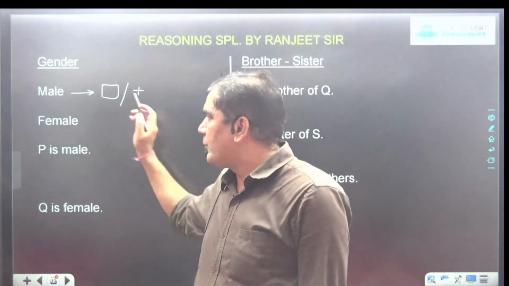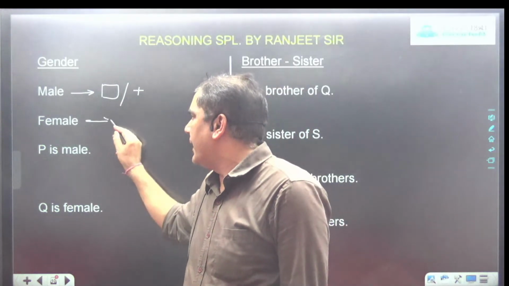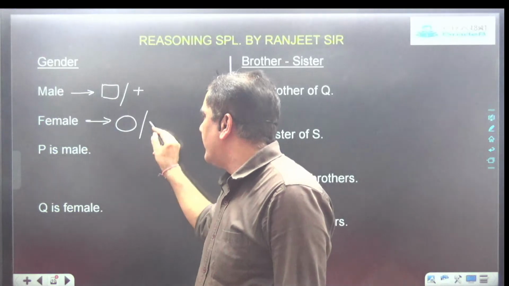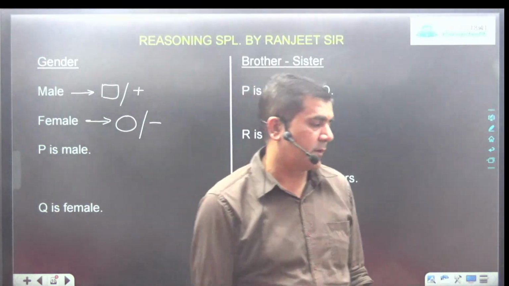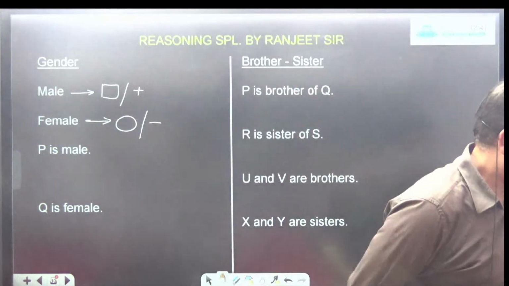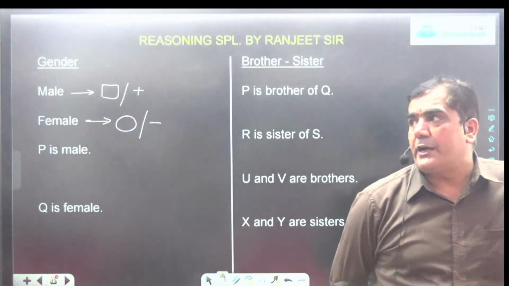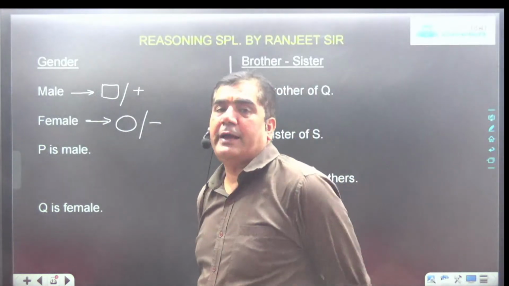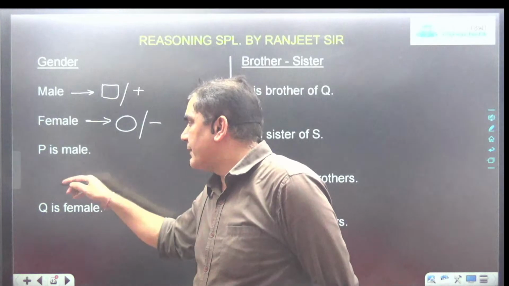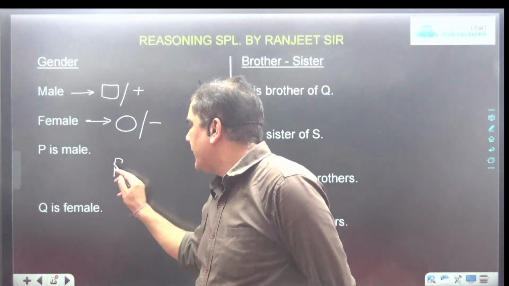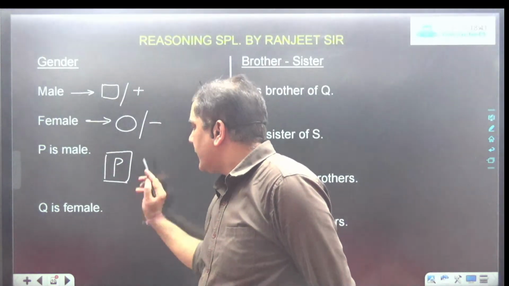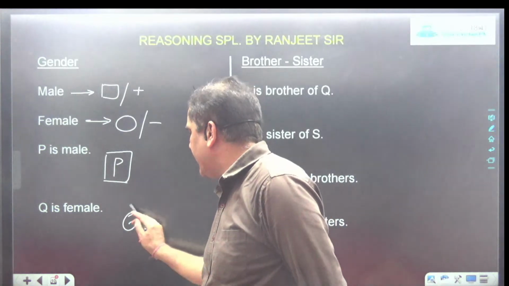So I always put male by square and female by circle. Male will be denoted by square, female will be denoted by circle. Suppose they have given P is male. P is male means P followed by square. Q is female. Q followed by circle.